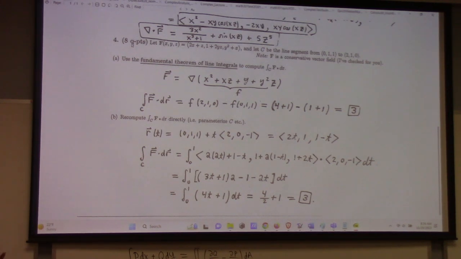You can either do the line integral in the style of part B, or you could use the FTC like part A, which would be the smart way to do it. Now, that's only true inasmuch as I give you a curve which you can parameterize, right? If I give you an arbitrary curve where you don't have the specific details of what the curve is, then you almost have to do it the part A way, right?